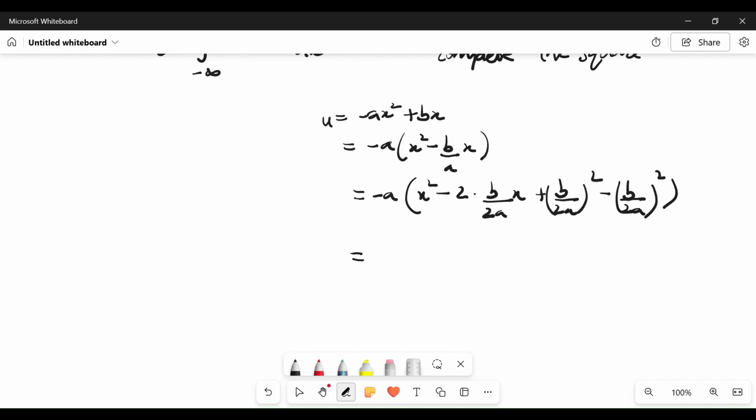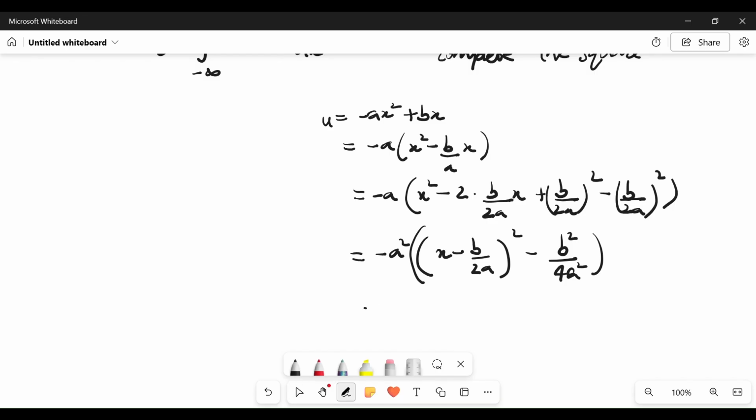Now if you see, this will be x minus b by 2a, the square of this, and minus b square by 4a square.